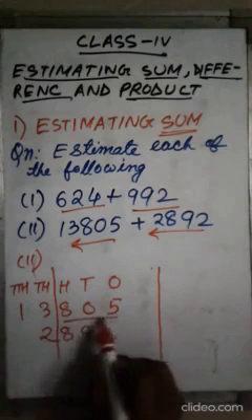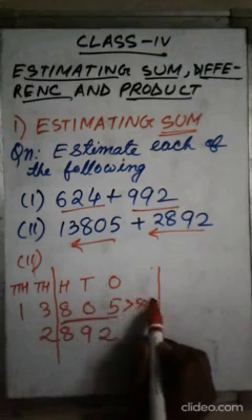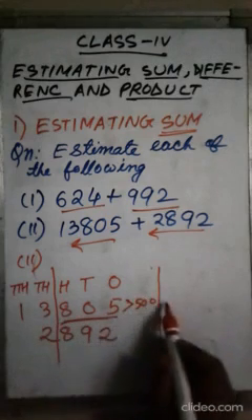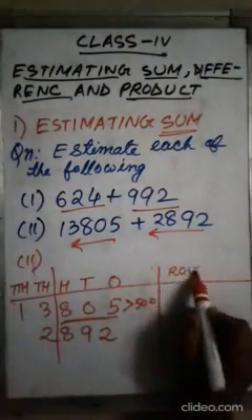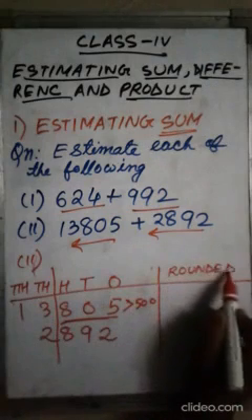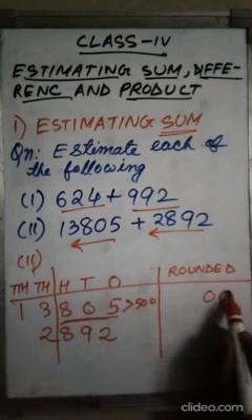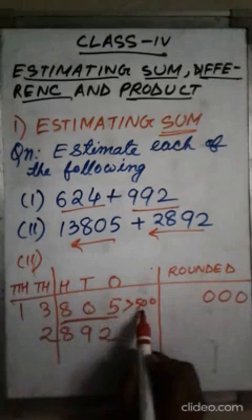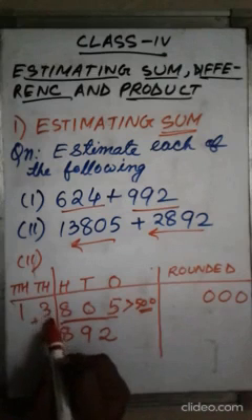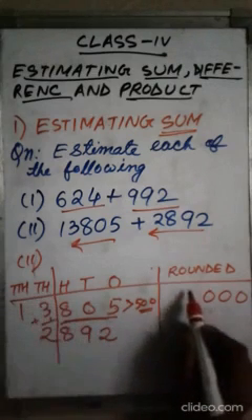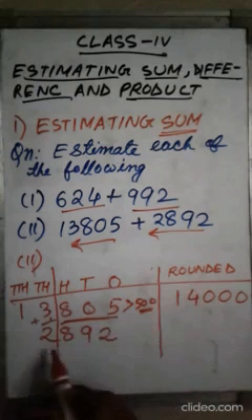Here we see that 805 is greater than 500. Therefore, if I write the rounded numbers, for these 3 digits I have to write 3 zeros. As this is greater than 500, I have to add 1 to this 3 of the thousands place, so it will be 4, and in the 10,000s place it is 1.